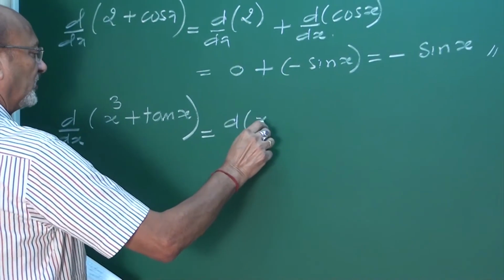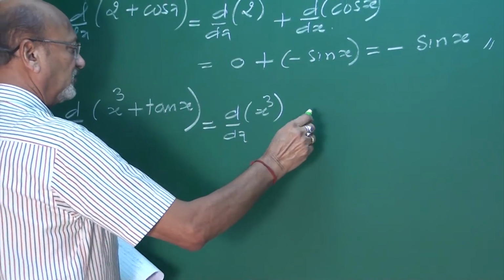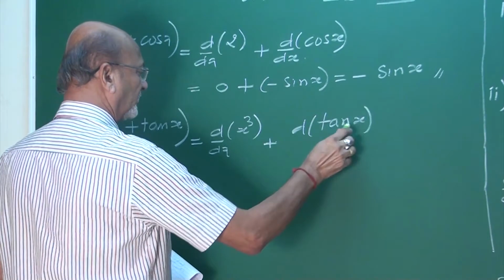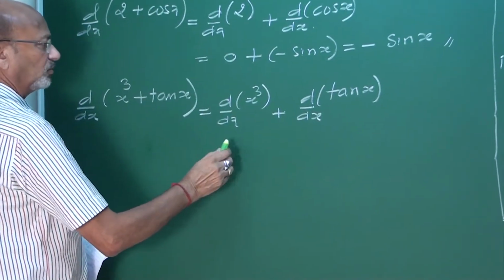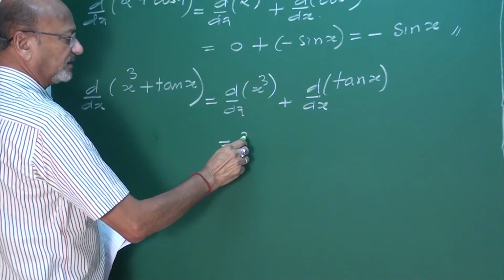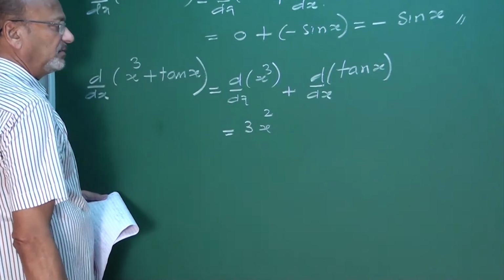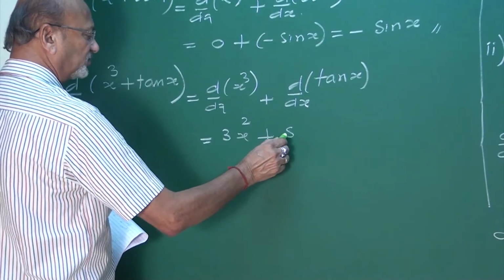It is derivative of x cube with respect to x plus derivative of tan x with respect to x. Right, friend. Derivative of x cube: x to the power n, n into x to the power n minus 1, so 3 minus 1 means 2, 3x squared. Plus, what is the derivative of tan x? Sec square x.